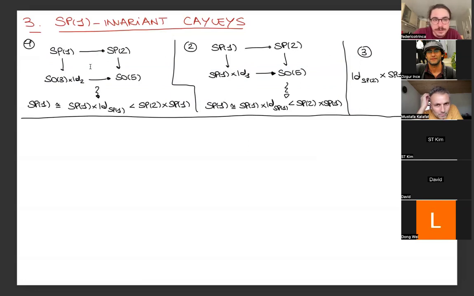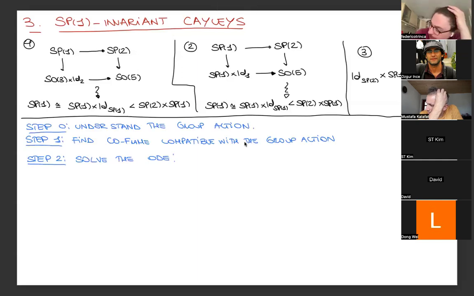And these are the two subgroups that I'm considering inside of Sp2 times Sp1. And the last one is the trivial one, so I'm leaving the base alone and just acting on the fiber. So these are the three subgroups, three-dimensional subgroups that I'm considering.